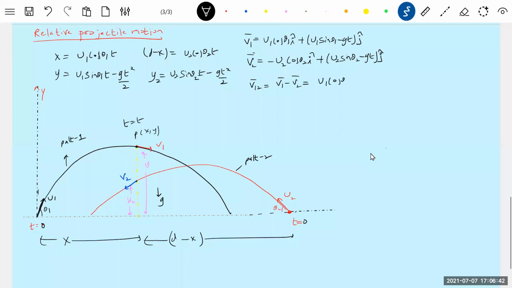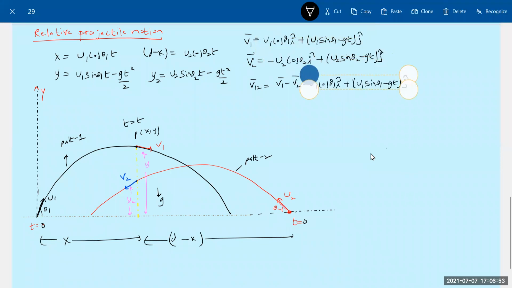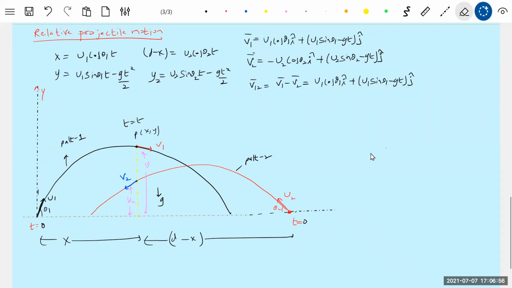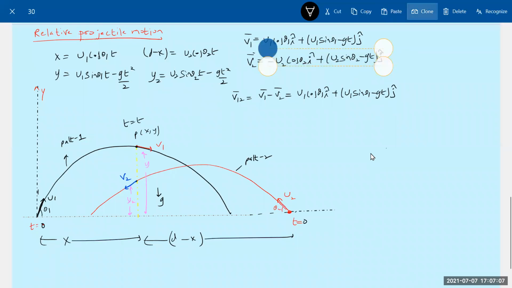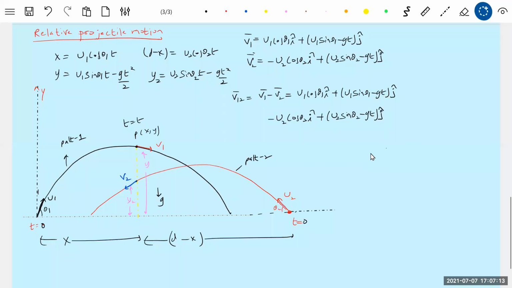I have to write directly u1 cos theta 1 minus of this. I think I'll write it in one line.